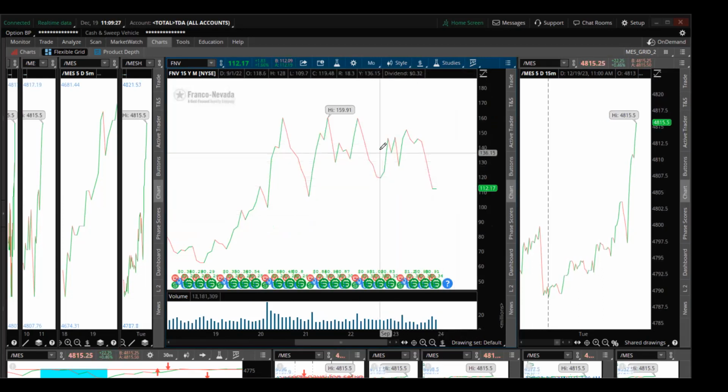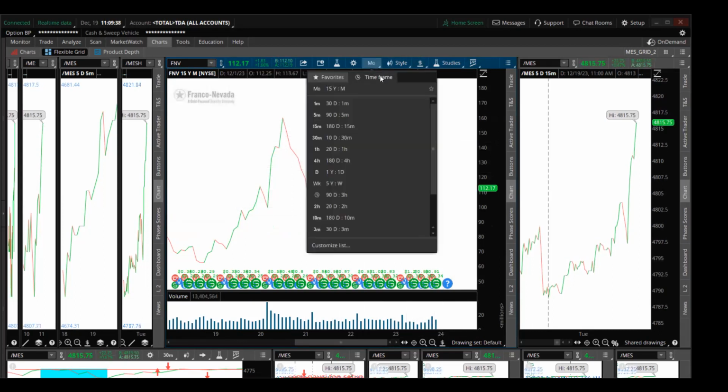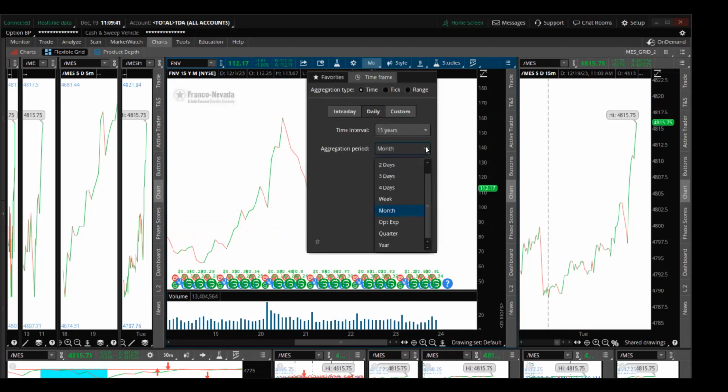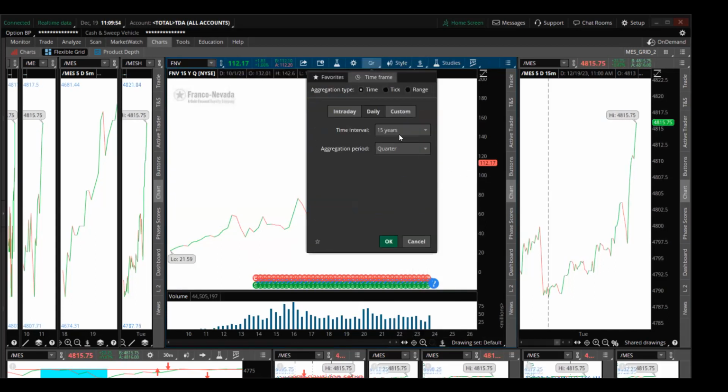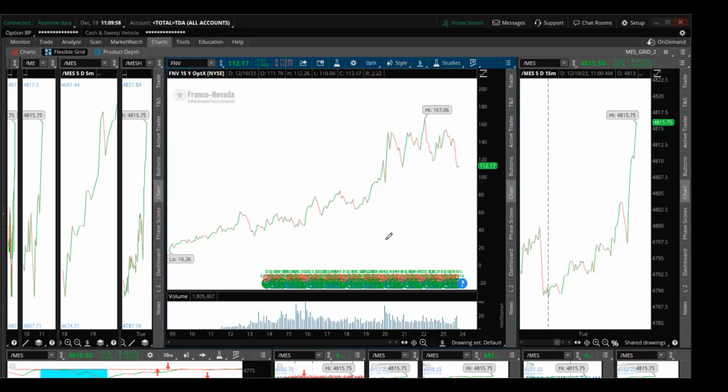If you can't find anything going on there, I would probably step aside on that. You could probably look at the quarterly. That's a tough one. Nope, I can't find anything there. You could look at probably the option expiration.